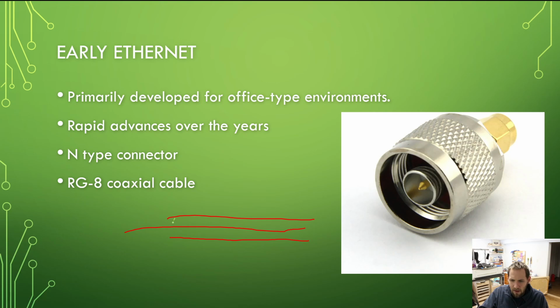So we have a plastic insulating layer in here that keeps these two from actually touching each other. Also, any interference that this wire could possibly radiate gets dispersed, in theory completely, in that center insulation. And then around the outside of this, we also have more insulation. So there's a lot of insulation going on in a coax cable, which is great for interference. It's shielded, so it's protected.